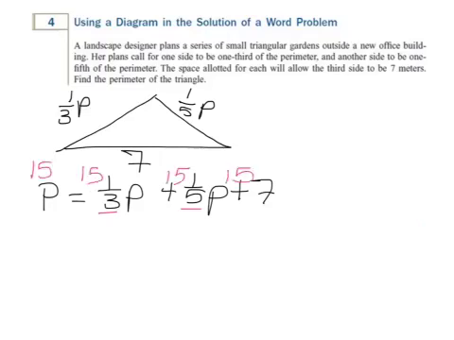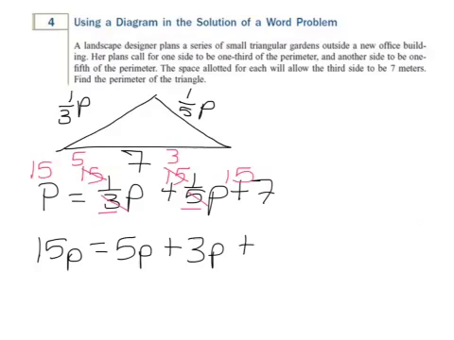When you do that, we'll have 15p equals, and 3 will go into 15, 5 times. So we have 5p plus, and 5 will go into 15, 3 times, so plus 3p, plus 7 times 15, which is 105.